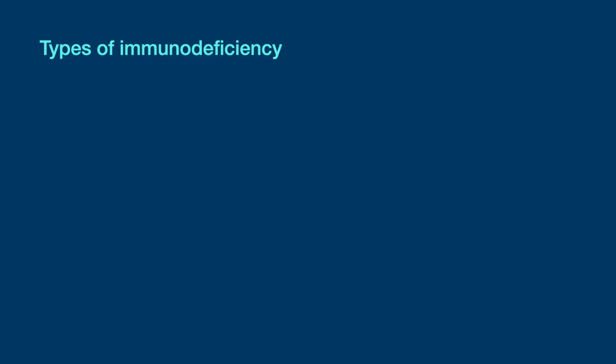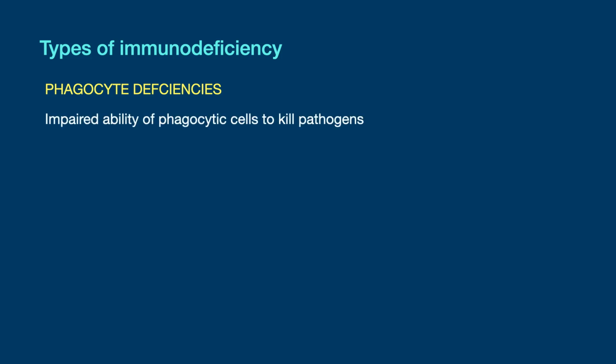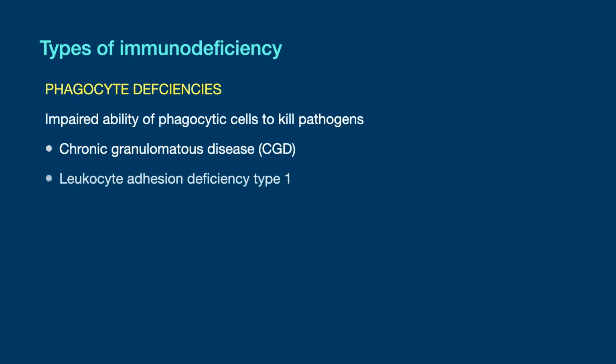We have also the phagocyte deficiencies, which are characterized by impaired ability of phagocytic cells to kill pathogens, and these account for about 10 to 15% of primary immunodeficiencies. These include chronic granulomatous disease, leukocyte adhesion deficiency type 1, and Chediak-Higashi syndrome.